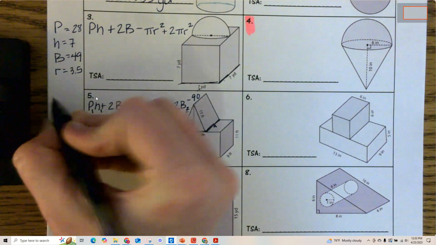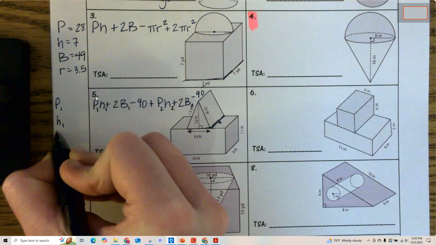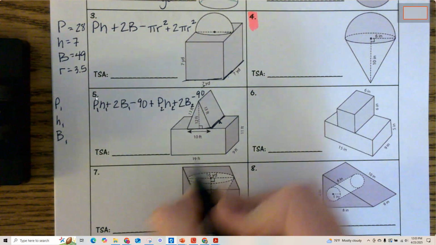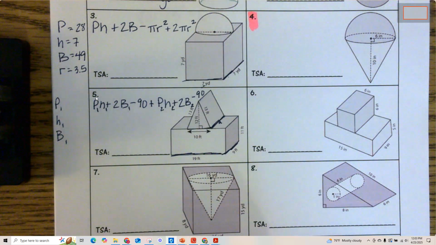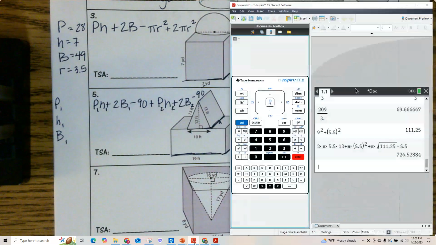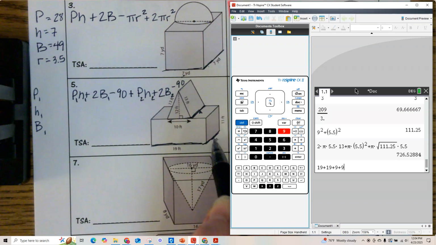All right, so let's do P1, H1, big B1. So here's our base. What would the perimeter of my base be? Or what would I do to find it? Add all 4 sides. 19, 9.